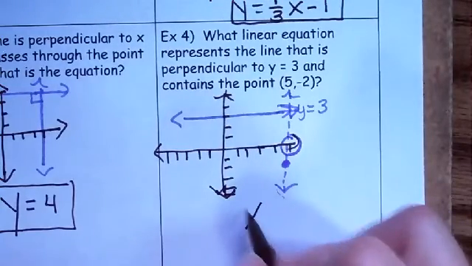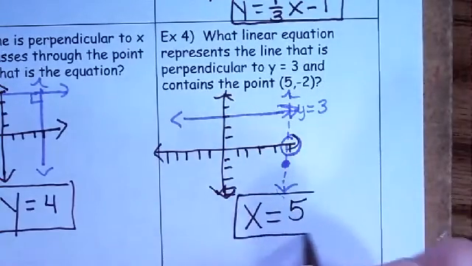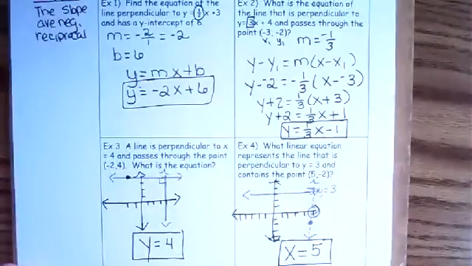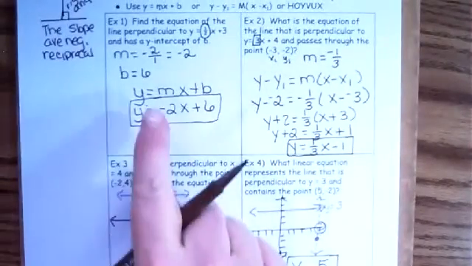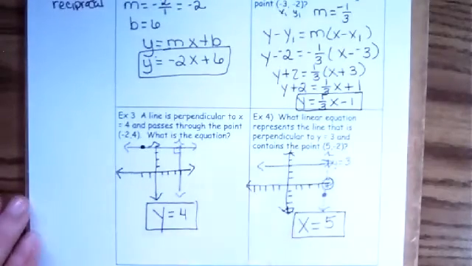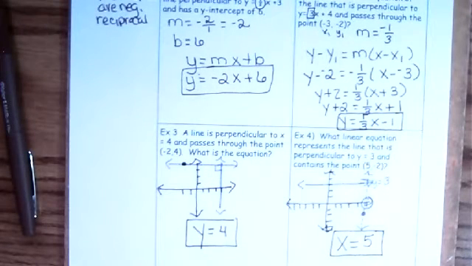So the equation for this is x equals 5. What we've just gone through are the four ways that they can give you these problems: one using the slope-intercept form, one using the point-slope equation, and one of each type of vertical and horizontal line. That's all there is to perpendicular lines.